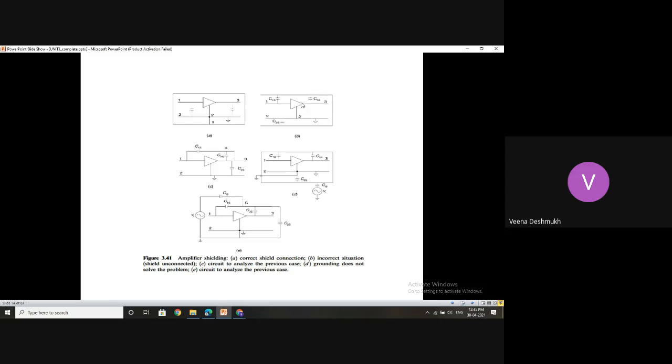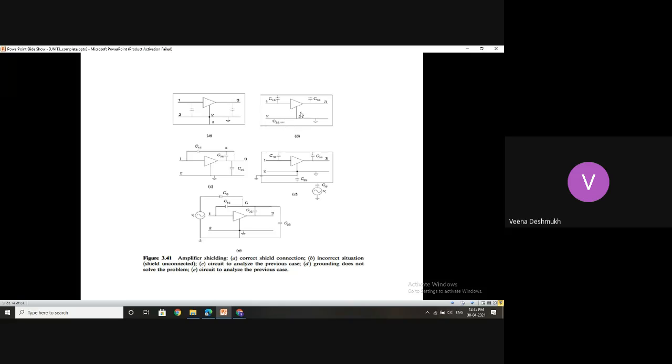So between shield and ground, there is no direct connection. As a result, each one of these conductors can produce a capacitance, which in turn may affect your further readings.